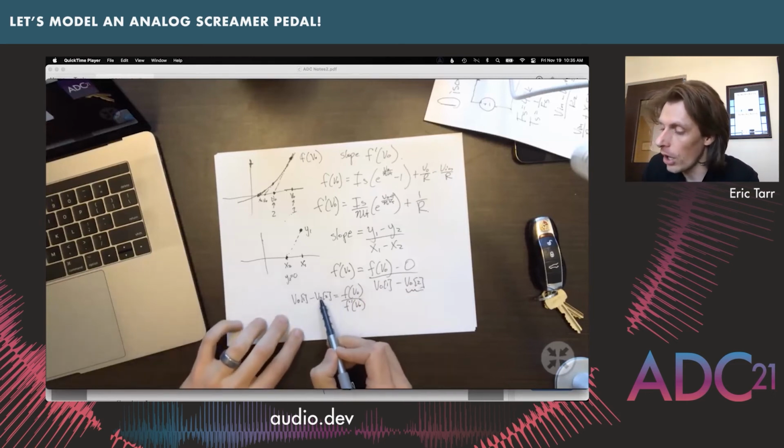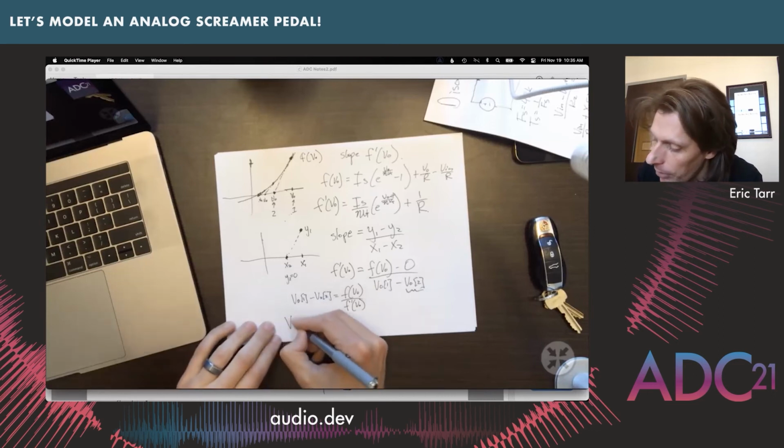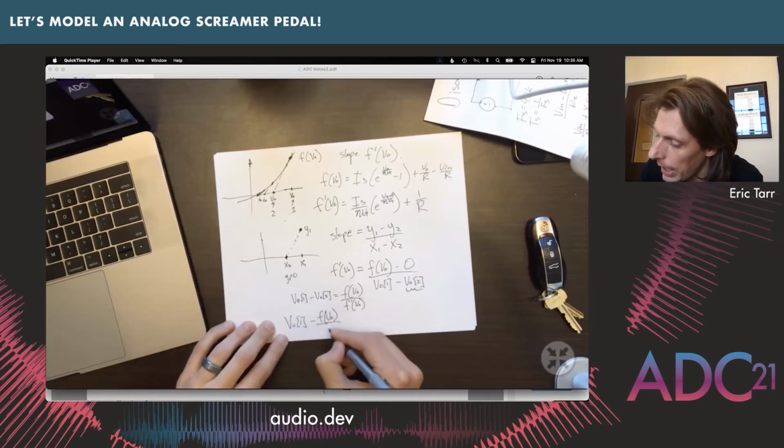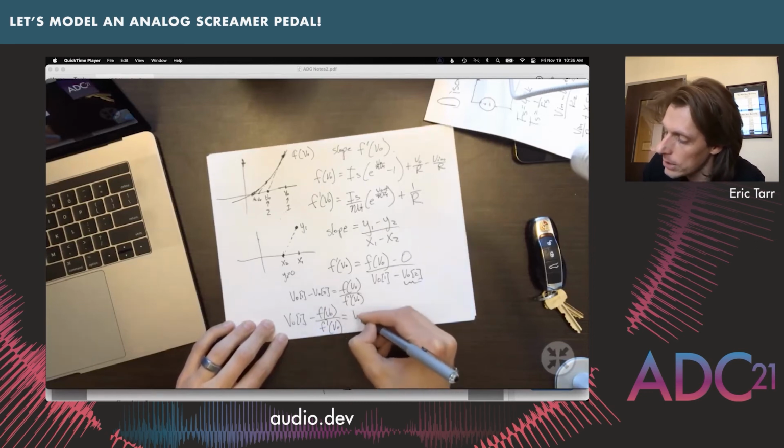Now let's do it where we solve for this term over here, our V out of 2. Let's move it over to the other side. You have V out of 1 minus, this should not be the derivative, you have the function divided by the derivative, and this one here, V out of 2, is equal to our next guess.